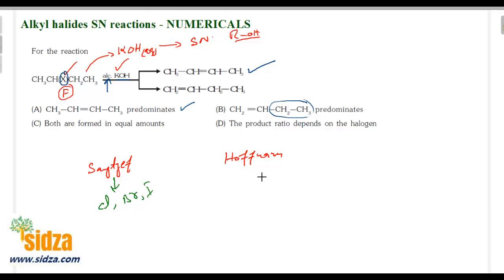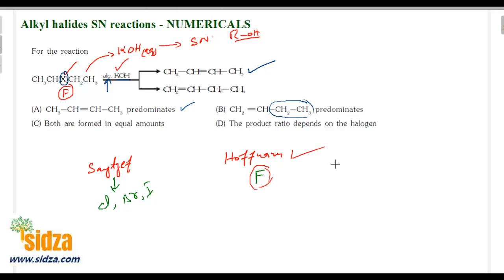But if there is a very strongly electron-withdrawing group attached to the carbon, just like fluorine, and among the halogens this is the only exception, there are some other groups, but among the halogens fluorine is the only exception. When fluorine is attached there, the Hofmann product is the dominant product.